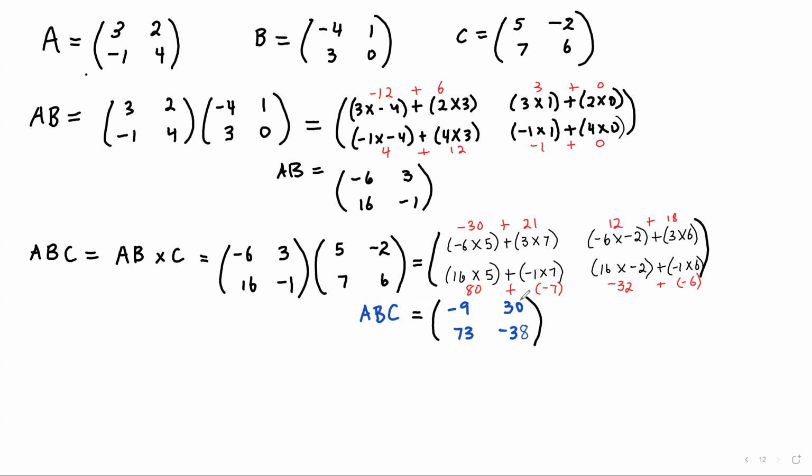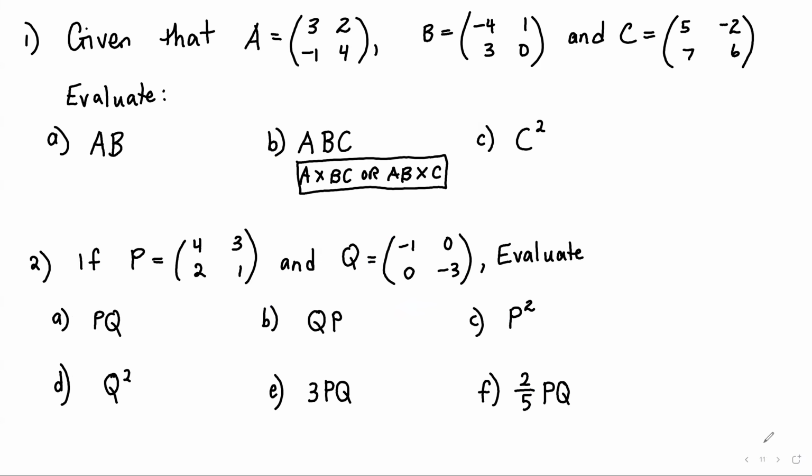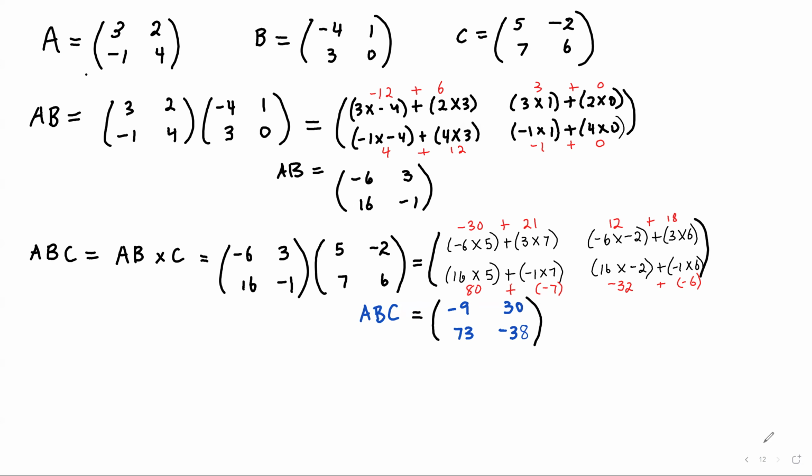And then the last one, what were you supposed to find? C squared. And C squared means C times itself, right? So C squared literally means 5, -2, 7, 6 times 5, -2, 7, 6.